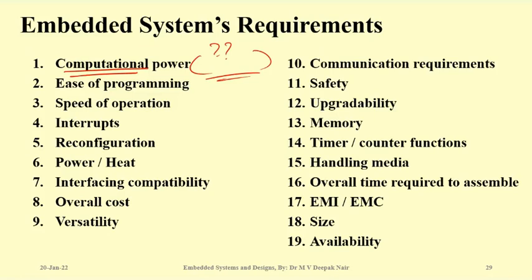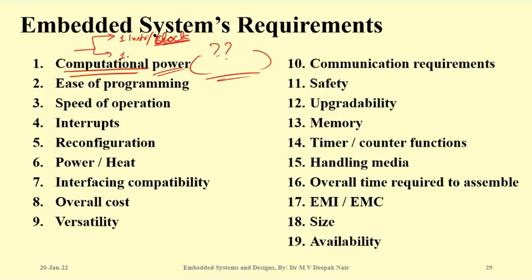Anyone? Instructions per second. Number of instructions per second. Okay, you can say number of instructions per second. But suppose two companies come to you, and the first says my microcontroller is able to complete one instruction per clock, sorry, not per second, it would be very slow then, per clock.